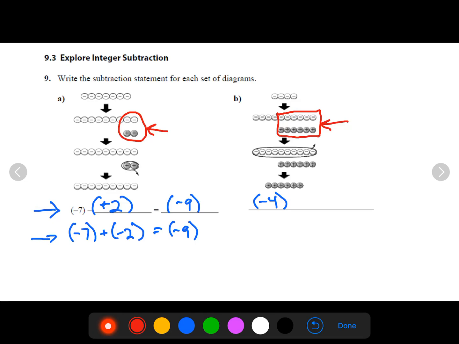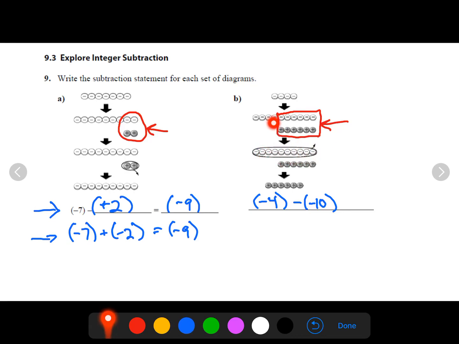And sure enough, if you take a look here, we are subtracting something. In this case, we've added 6 zero pairs, and we're subtracting 10 negatives. That's what we've done here, is we've subtracted all of the negatives.